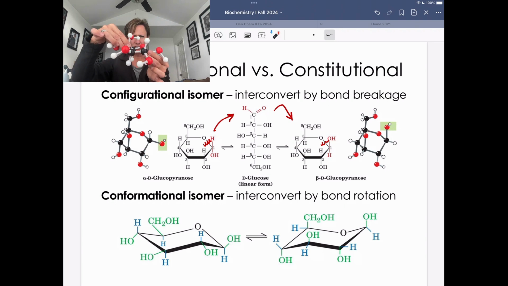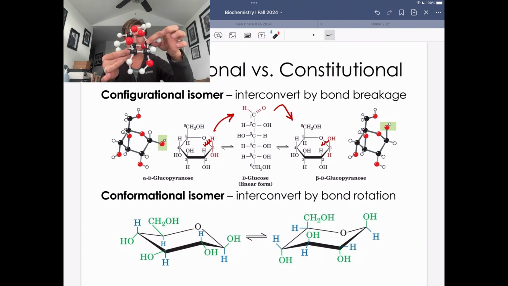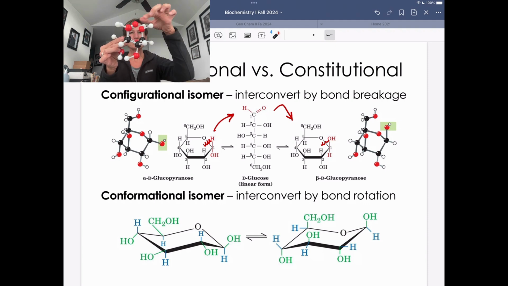Let's see what happens when I do a chair flip. Remember, when you have a model and you want to do a chair flip, you make your head be your footrest and your footrest be your headrest, okay? You probably can even see what happened there. Now, all of my hydrogen atoms are in my equatorial positions, okay?